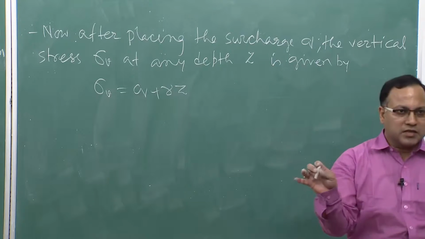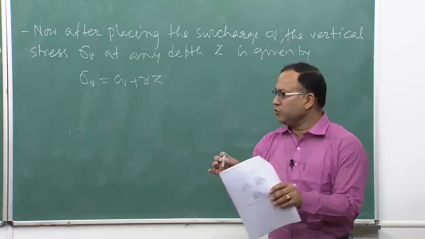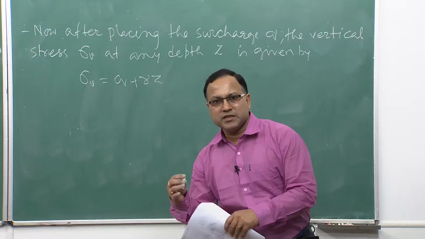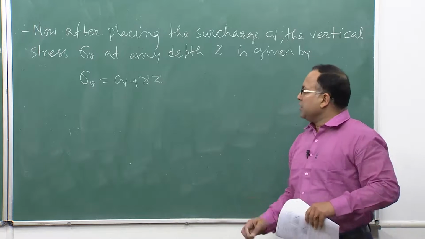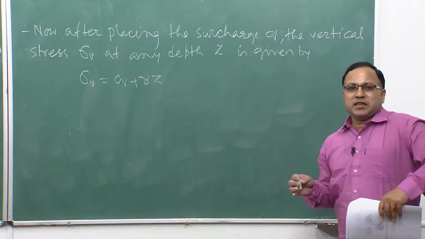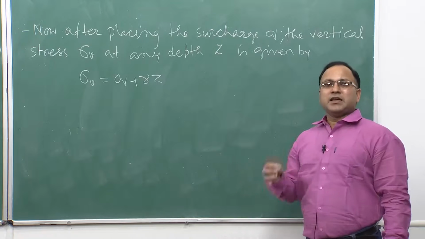Q is the surcharge. I do not know what is the value of Q. I need to find out that Q which can neutralize this negative pressure generation. Okay. So, Q plus gamma Z is nothing but the vertical stress at any depth Z.